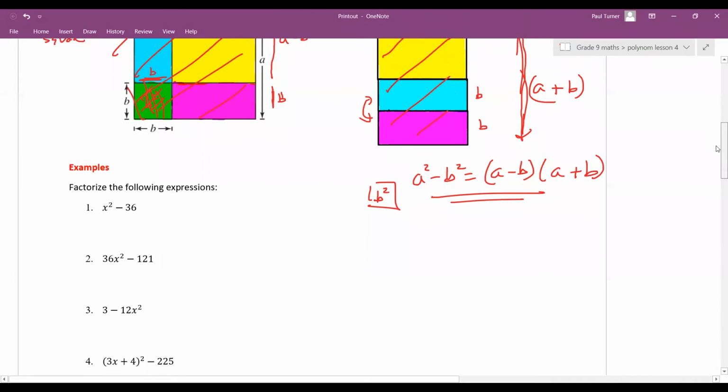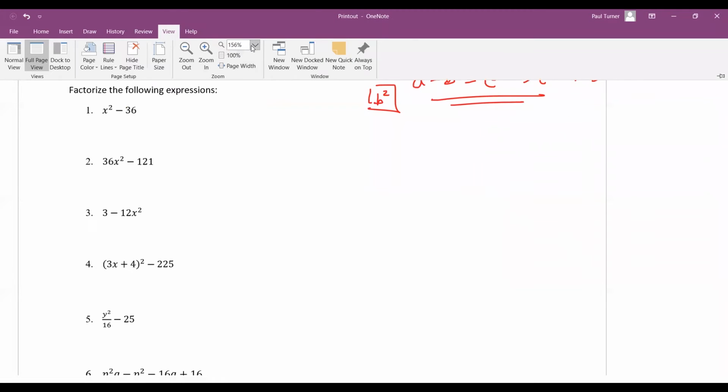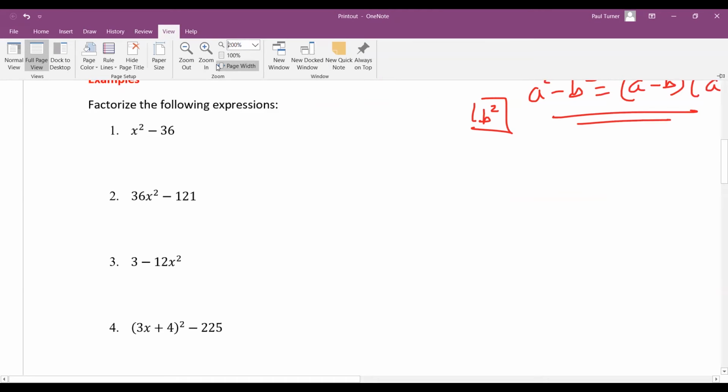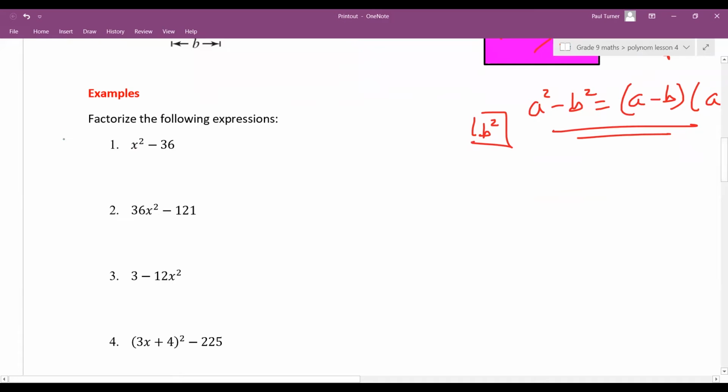All right, so we'll see how to factorize using the examples here. It's a bit small. Let me make it a bit bigger. All right. So your first question, we want to factorize this expression. What you need to be looking for is a minus sign here. This needs to be minus.